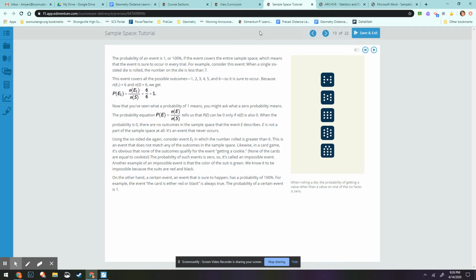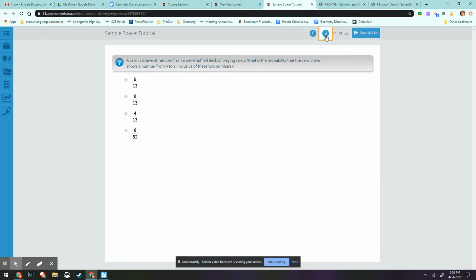So in the case of rolling 1 dice, the probability of you getting an integer would be 1. If the probability is 0, that means the event cannot occur. So like if we're rolling a dice, the probability of rolling a 7 would be 0. The probability of rolling a fraction or a decimal would be 0. Okay, so a probability of 1 means it will occur, a probability of 0 means it won't.